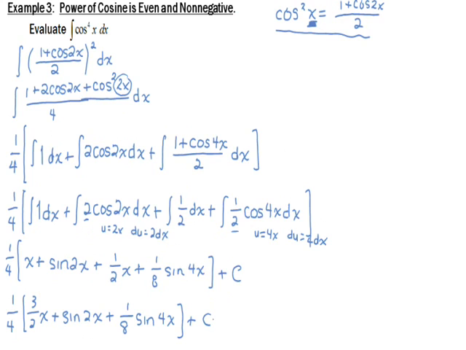And I don't really see much of a need to distribute the 1/4 in. Of course you could. There are other ways that this could be manipulated by getting a common denominator among the values that are in the brackets, and then factoring out a common factor there.